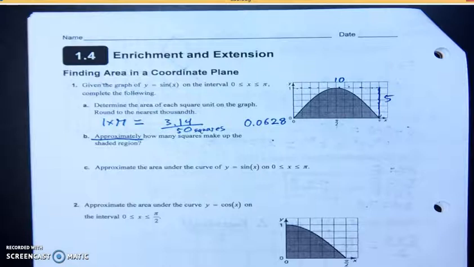What did you get? 32. Yeah, 32. Did anyone get 31? You got 31. So hopefully everyone got somewhere around 31 to 32.